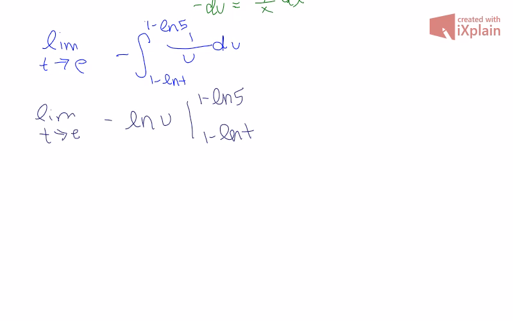But remember with ln, it's going to be absolute value. Alright, so now we're going to plug those in. So now we get the limit as t approaches e.